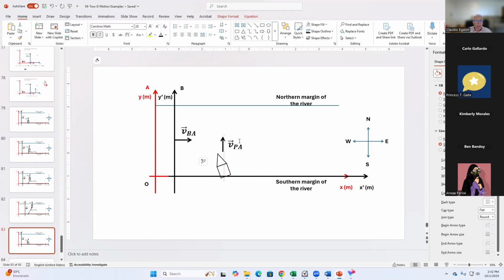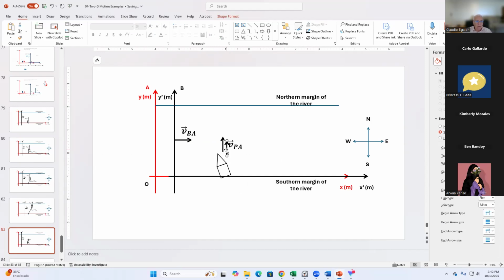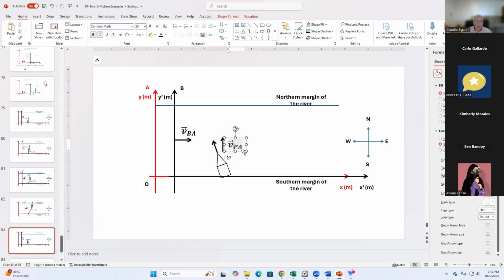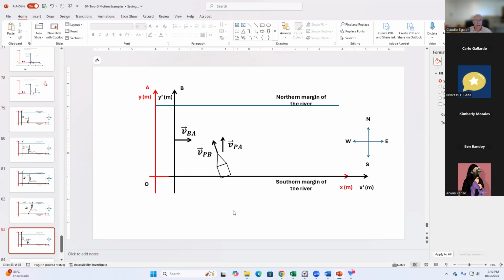VPA is the final velocity vector to the other side of the margin, and your VPB must be pointing slightly to the west, like that, because this horizontal component of VPB must cancel this component of the riverbed. Did you get the idea?